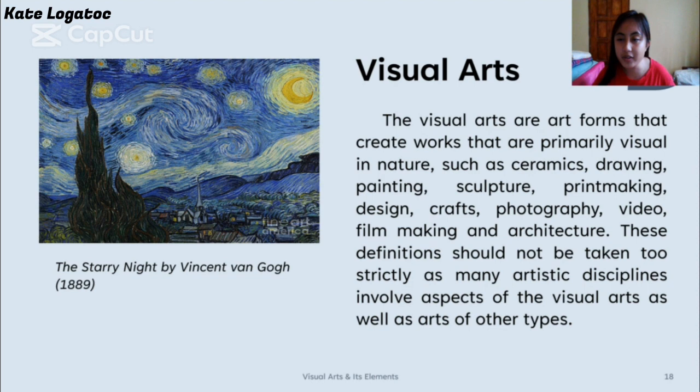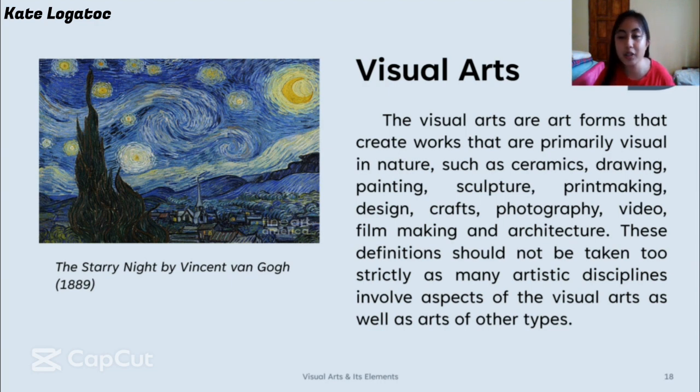The visual arts are art forms that create works that are primarily visual in nature, such as ceramics, drawing, painting, sculpture, printmaking, design, crafts, photography, video, filmmaking, and architecture. This definition should not be taken too strictly, as many artistic disciplines such as performing arts, conceptual art, and textile arts involve aspects of the visual arts as well as arts of other types.